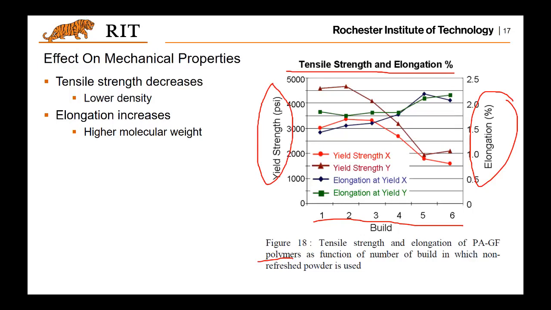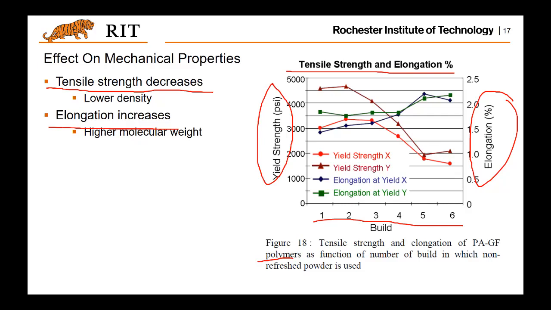Basically, these curves measure how many times you use the thermoplastic. And as you can see here, the more times you use the thermoplastic, its tensile strength will decrease dramatically. On the other hand, its elongation increases.